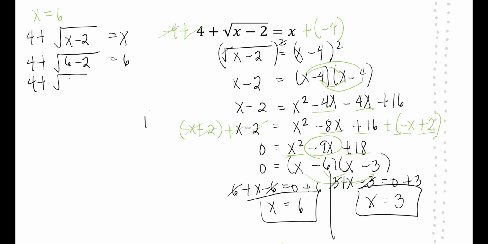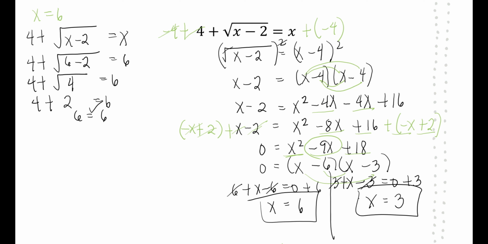And 6 minus 2 is equal to 4. The square root of 4 is equal to 2. And 4 plus 2 is equal to 6. Therefore, we can say that the first value of x that we have computed, which is 6, is a correct value of our radical expression.